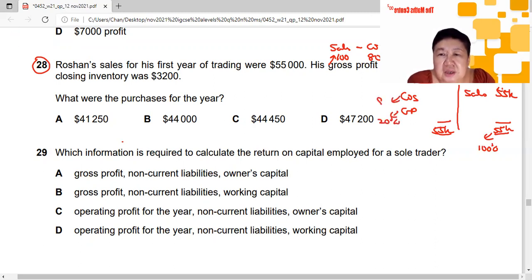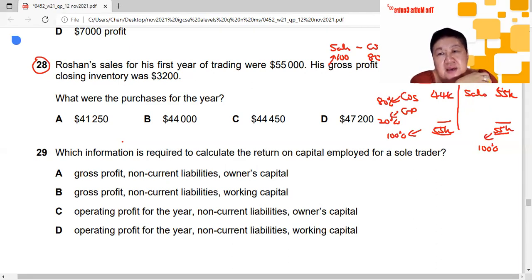Because this 55 is equivalent to 100%, the gross profit is equivalent to 20%. The cost of sales is equivalent to 80%. So 20 over 100, and this 55 is also 100%. Can you see it? So basically, 80% of the 55K as cost of sales will give you 44,000. The K refers to 1,000. It's only the short form, very expedient, using very little space so I can write it quickly. 55,000 is equivalent to 100%.